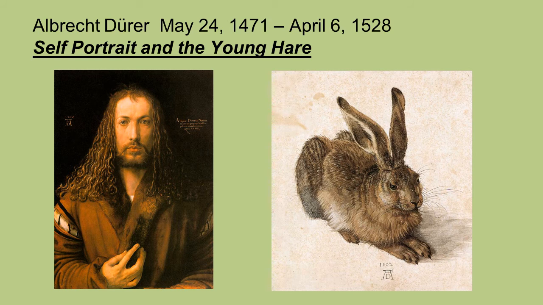Unlike his earlier self-portraits, and he has several, which were composed in the customary three-quarter view, Dürer's self-portrait in 1500 depicts the artist faced squarely towards the viewer, a pose usually reserved at that time for images of Christ, which he kind of looks like. His hand touching the fur collar of his coat brings to mind the gesture of blessing in religious icons.